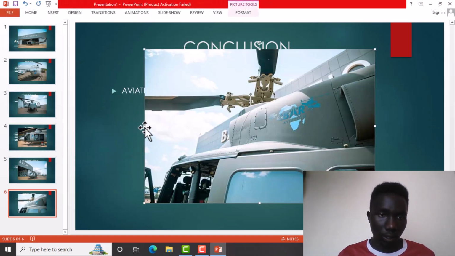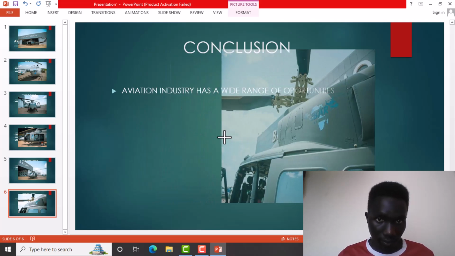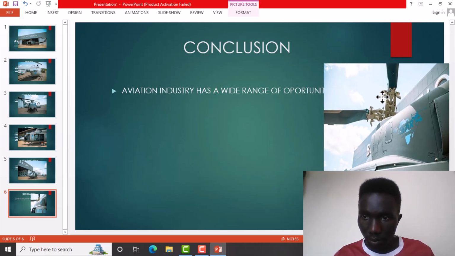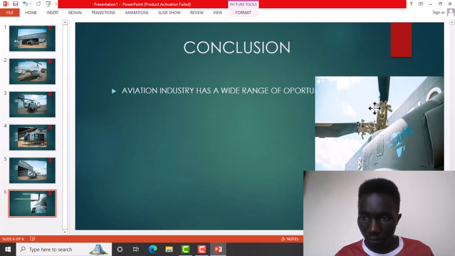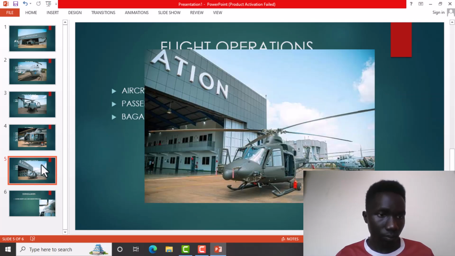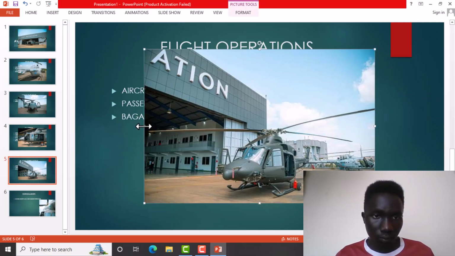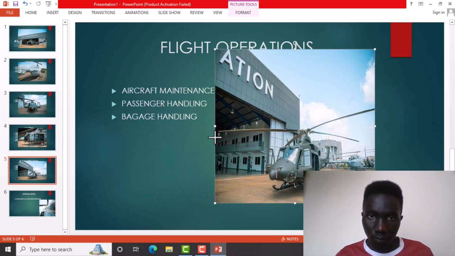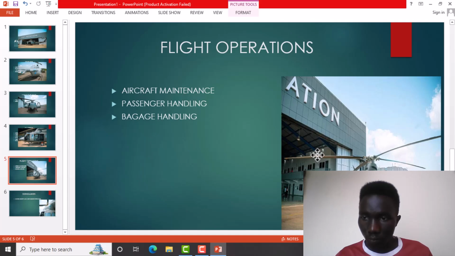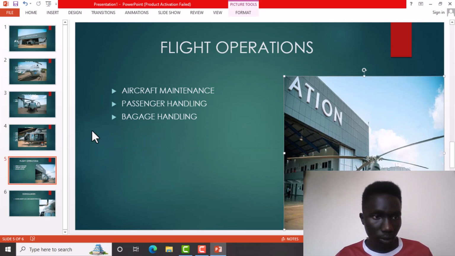So we can now resize them, probably to the size that we want.